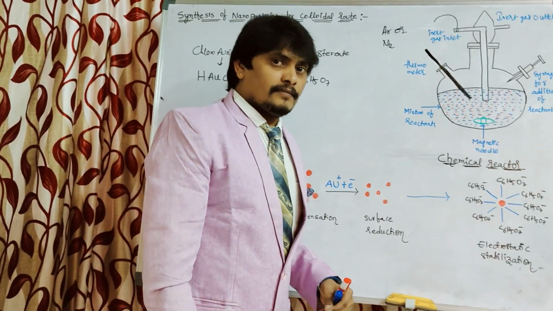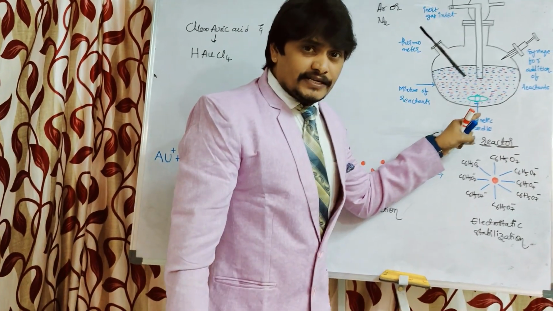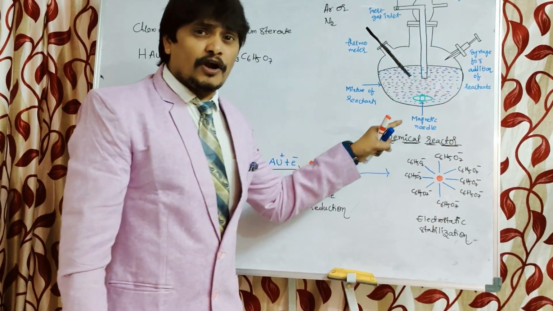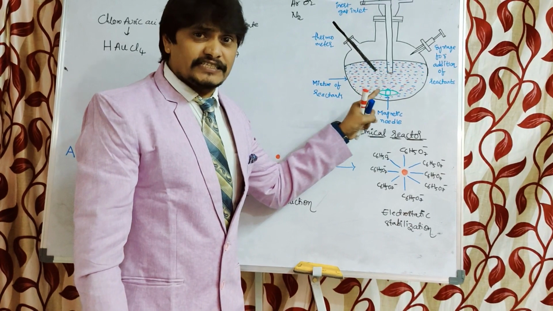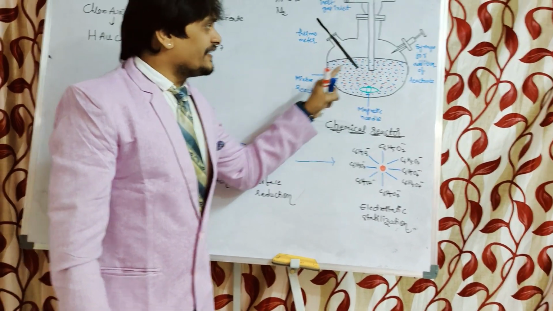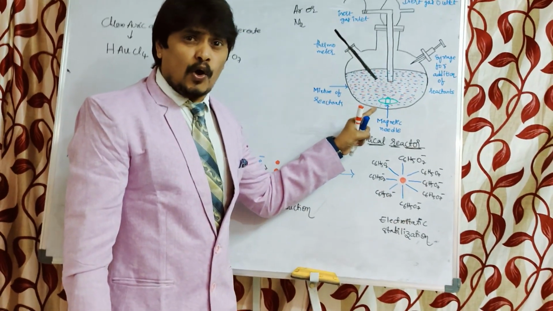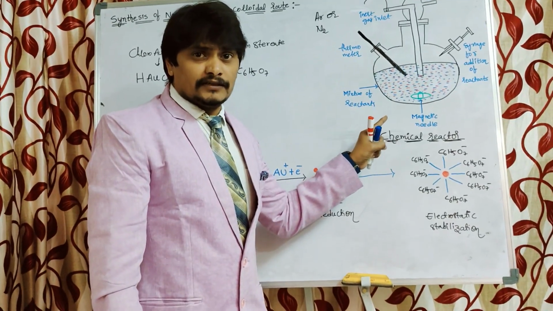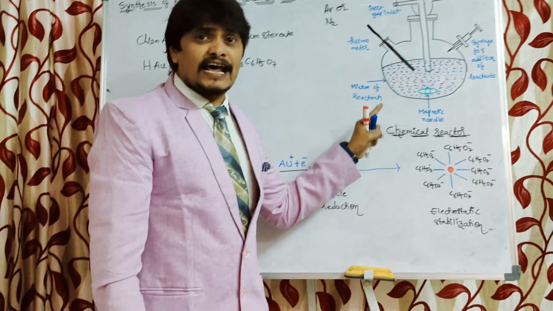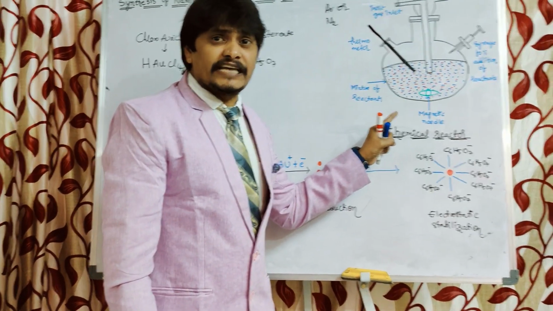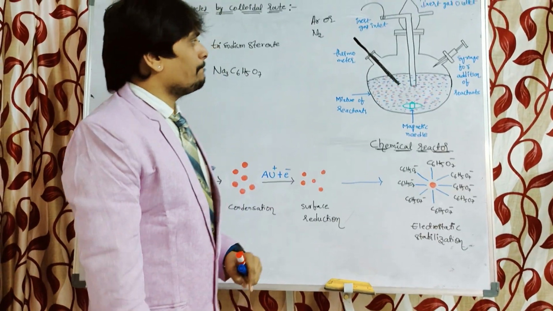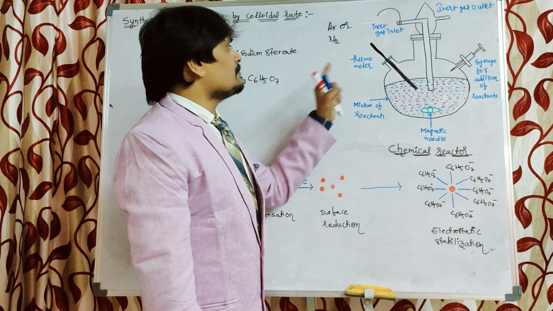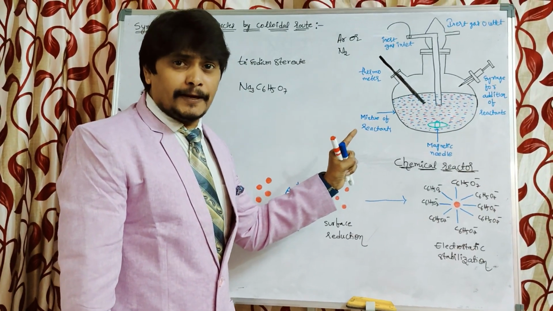Now, what are present inside the chemical reactor, students? The water is present, which is a catalyst. The reactants are present, chloroauric acid and sodium stearate, which are the metal acid and the reducing agent respectively. And some temperature is being maintained.